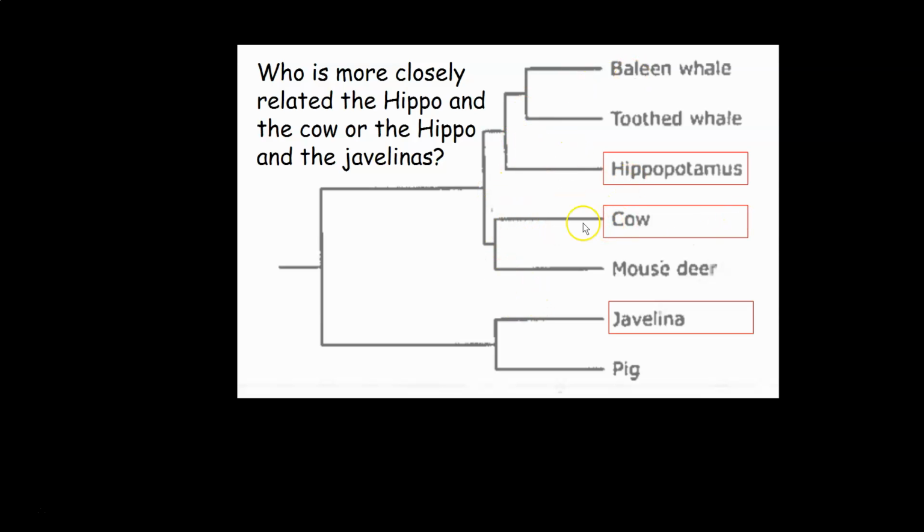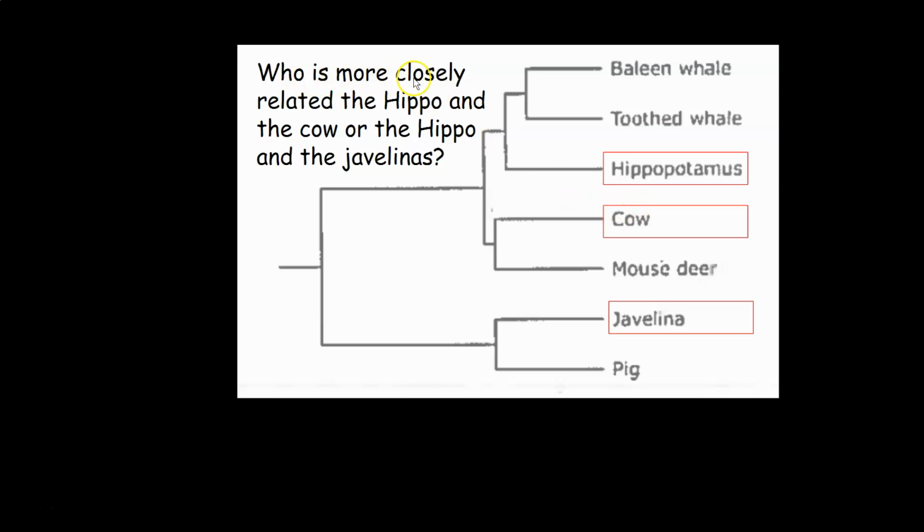So when we look at each of these lines here that group these two together, that means they are more closely related. So for instance here, the baleen whale is more closely related to the toothed whale than to the hippopotamus, right? And the hippopotamus is more closely related to the toothed whale than, let's say, the cow, because it's in its own little brackets here.